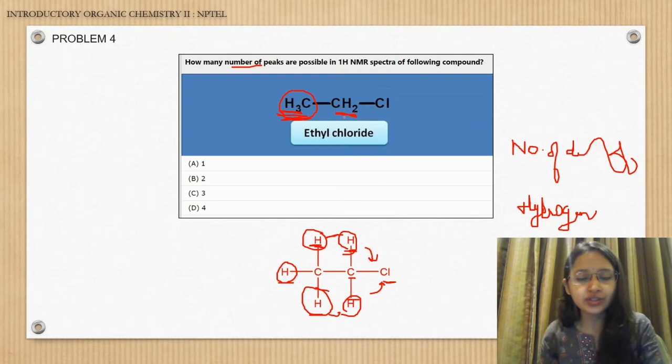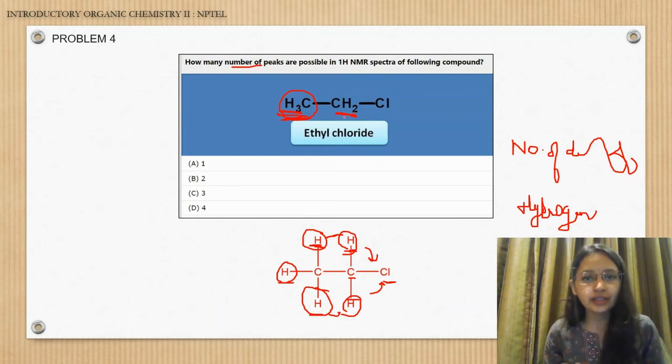Here there are two sorts of protons, the methyl protons and the methylene protons, which have different connectivity, that is, a different environment in the molecule. That is why they show up as 2 peaks in the 1H NMR. So the correct answer will be 2.